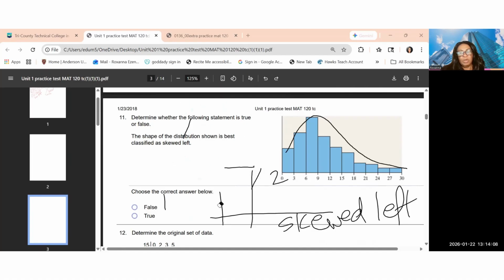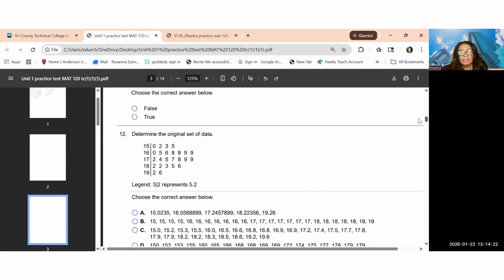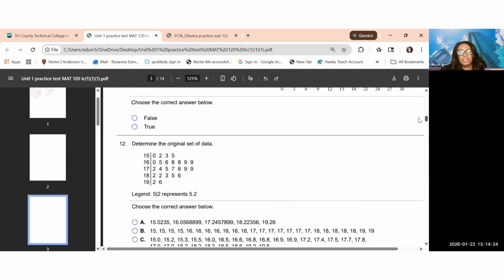Okay, I'm going to draw a normal distribution.